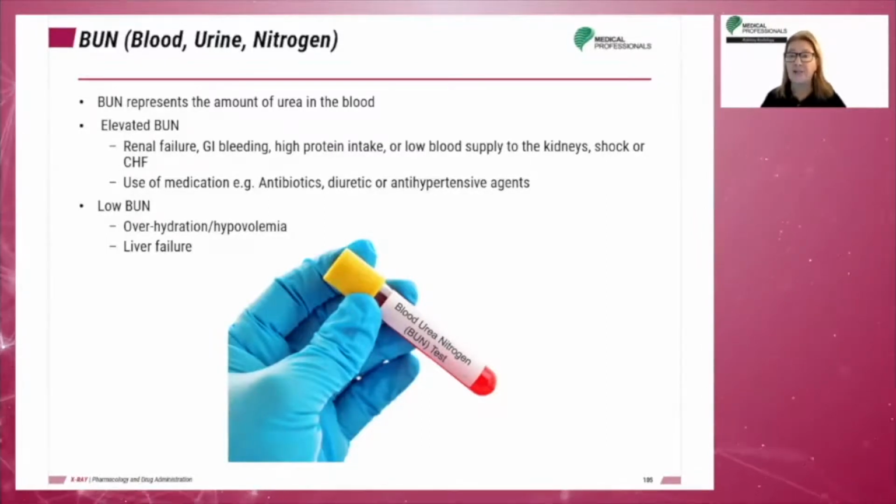Some medications, such as antibiotics, diuretics, or antihypertensive agents, can also cause elevated BUNs. A low BUN can indicate overhydration or hypovolemia, which is a state of decreased blood volume or decrease in the volume of blood plasma. A low BUN can also indicate liver failure.